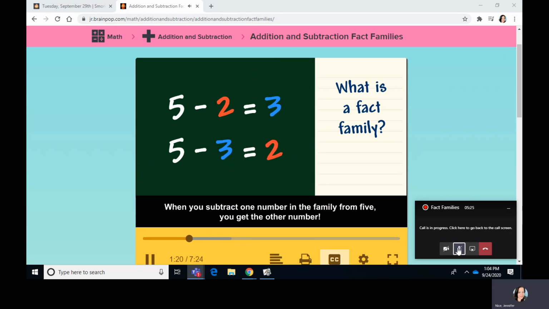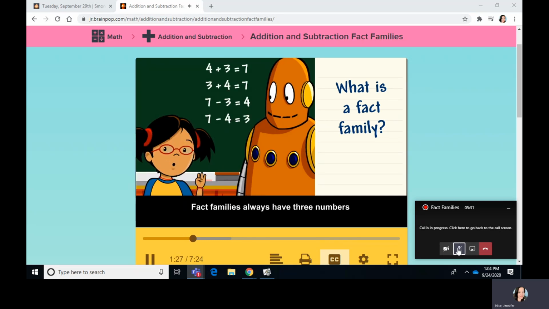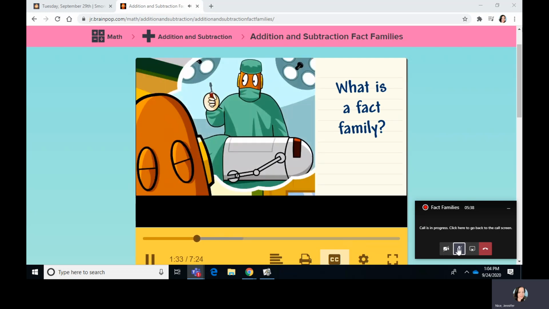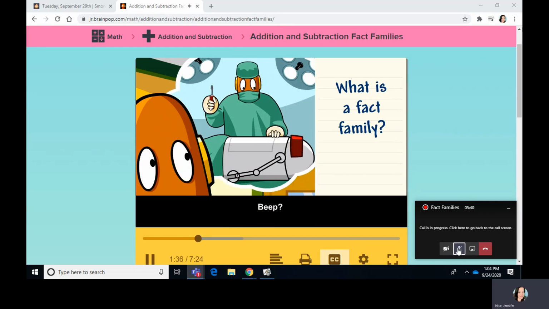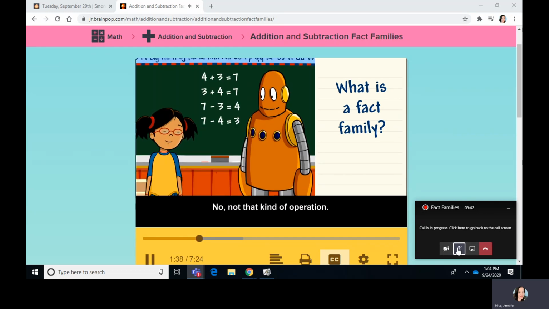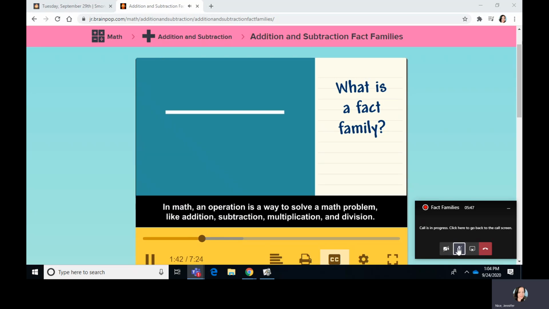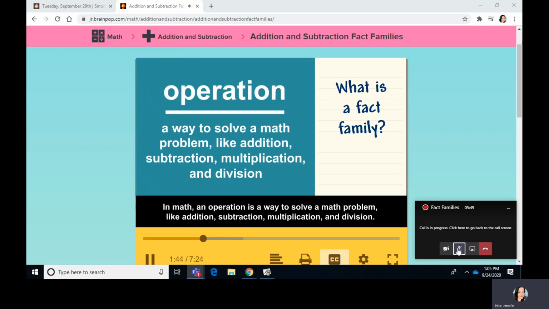When you subtract one number in the family from 5, you get the other number. Fact families always have 3 numbers and 4 math facts, and use 2 operations. No, not that kind of operation. In math, an operation is a way to solve a math problem, like addition, subtraction, multiplication, and division.